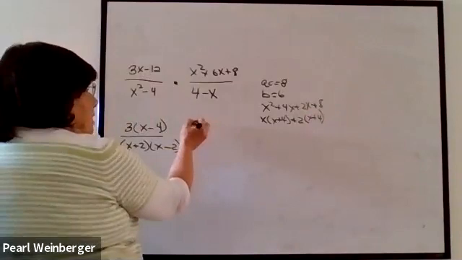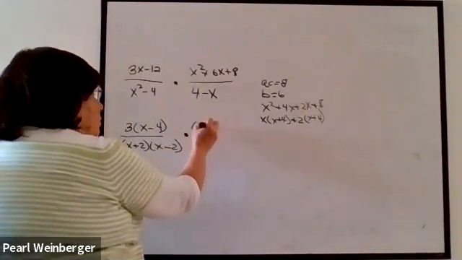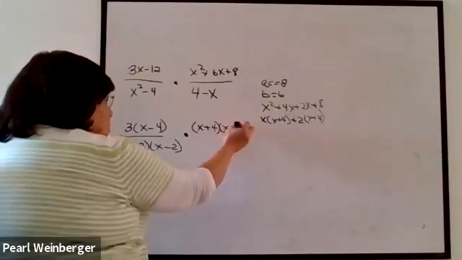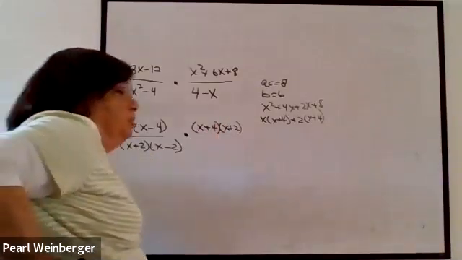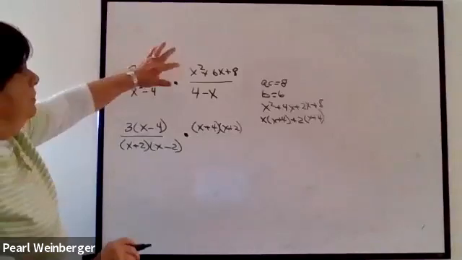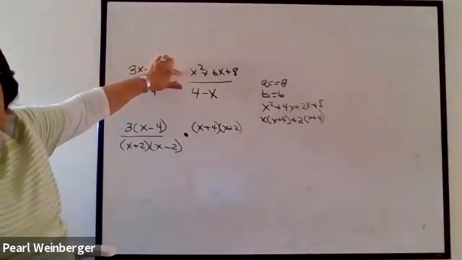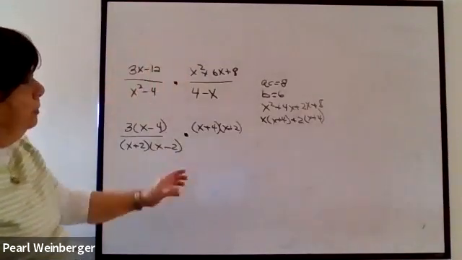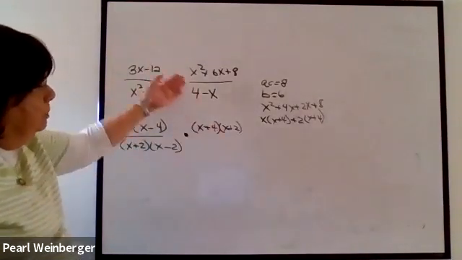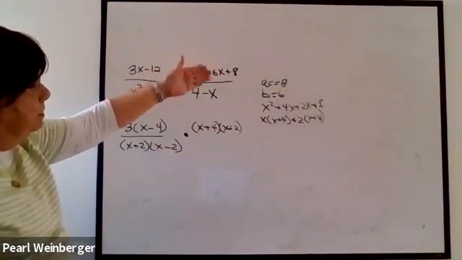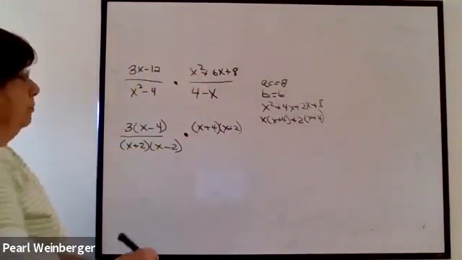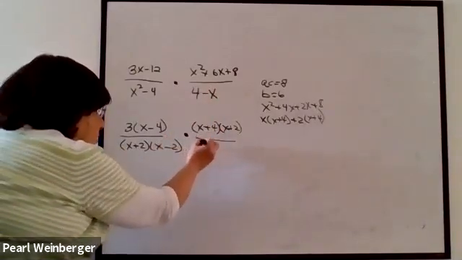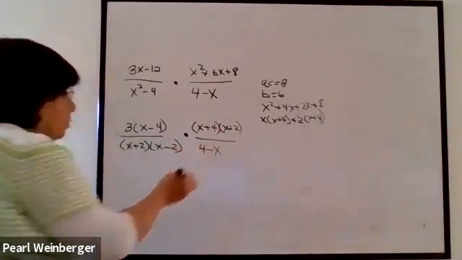So writing that down, that's going to give me x plus 4 times x plus 2. Notice you should be pretty proficient at doing the relatively easy trinomial factoring. If there is a number in front of the x squared, that makes it a little bit more difficult, but you should be able to do something like x squared plus 6x plus 8 pretty quickly. And finally, there's nothing that I can factor here, so it becomes x minus 4.